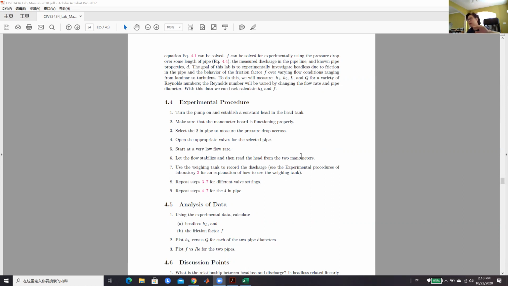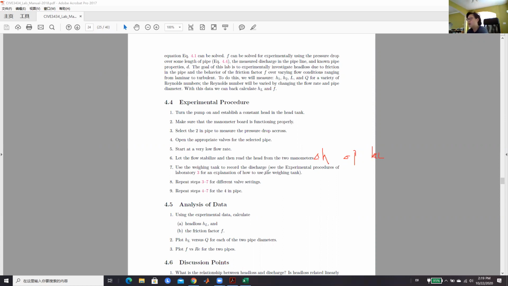Once it's stabilized, read the delta H, and use the weighing tank to record the discharge. From this step, you're able to get your delta H, which means you're able to calculate your delta P and the head loss already.